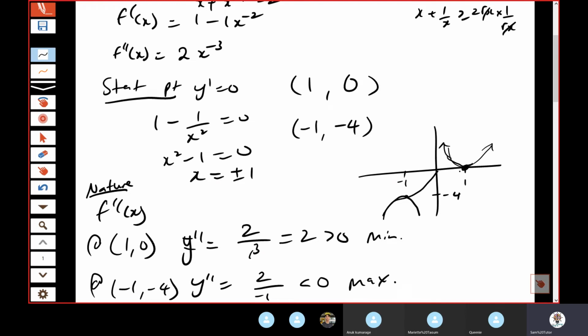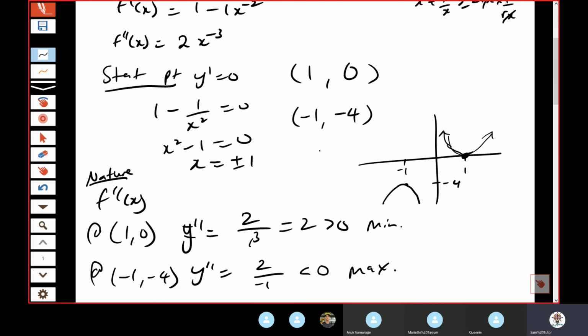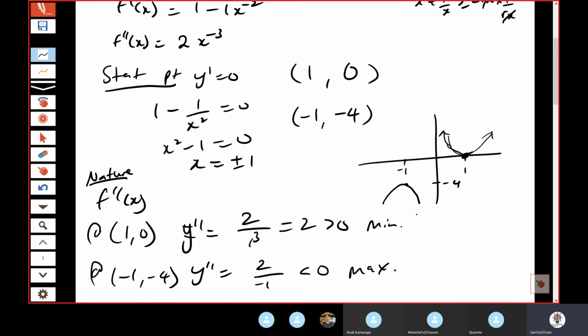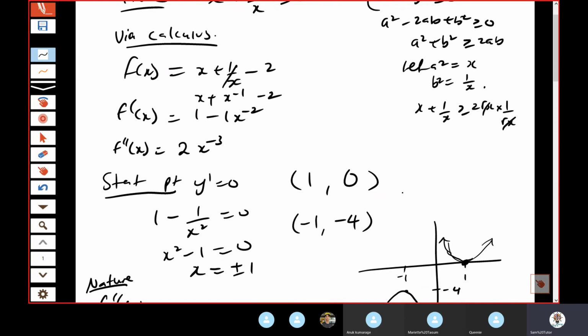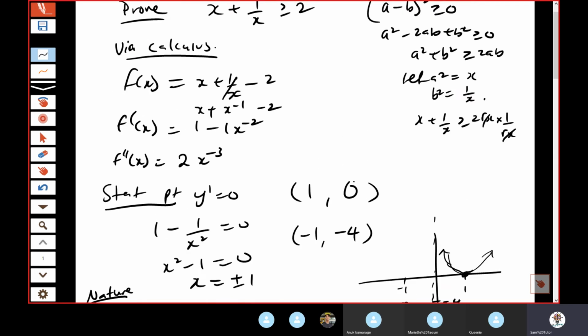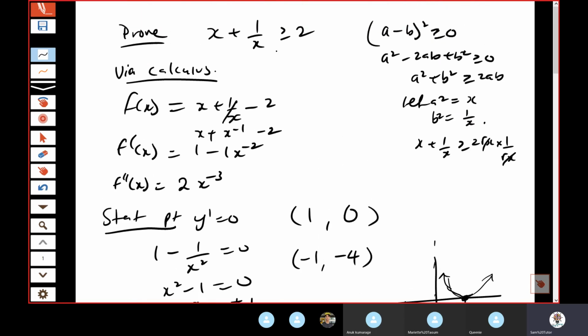No, that doesn't make sense. Is it a stationary point? I don't think so. I think the graph is like this. x cannot equal 0. You're going to have an asymptote there. So it won't work for anything less than 0. Alright, this probably would have had to be restricted. So it doesn't work for all x.